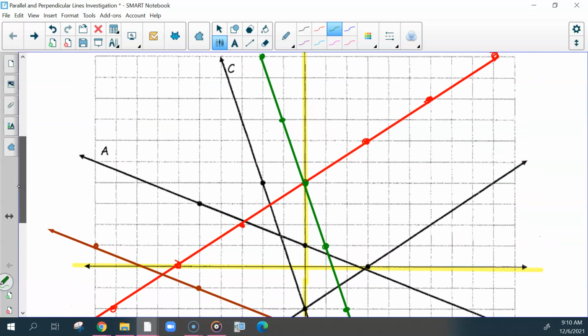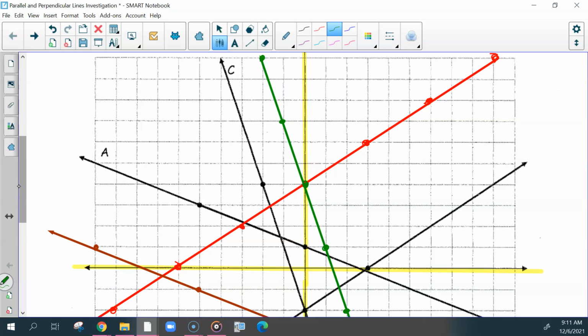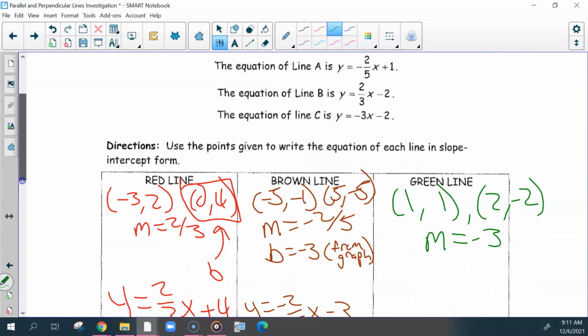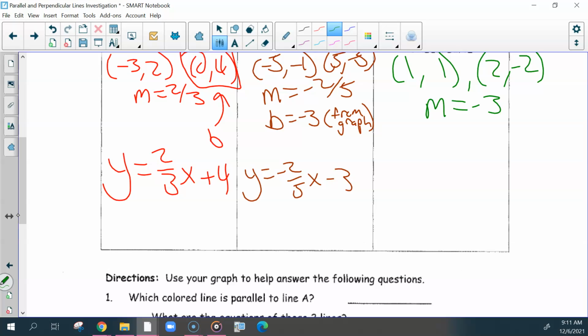So my y-intercept should be the same y-intercept my red line was, which was 4. So we can say this equation is y equals -3x plus 4.